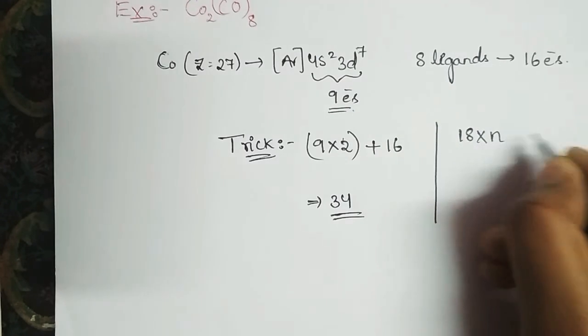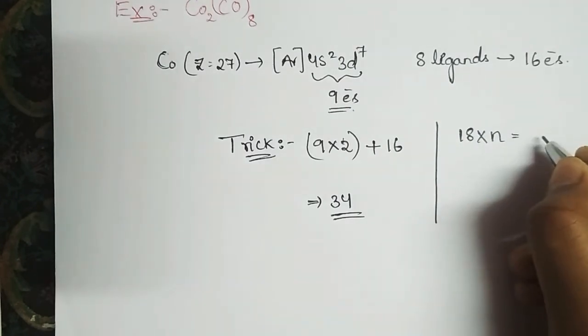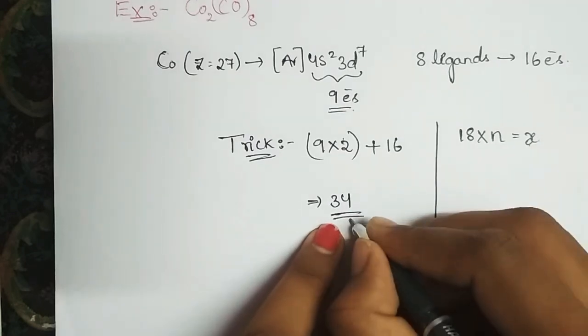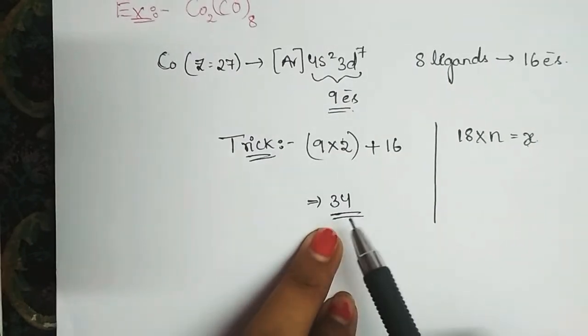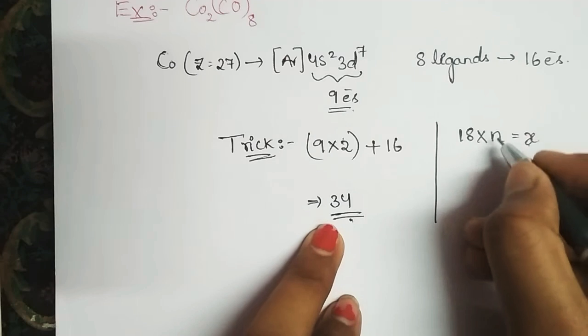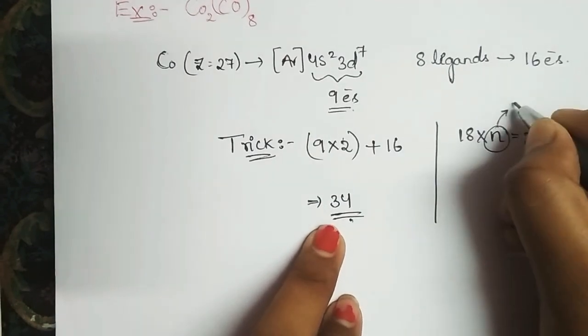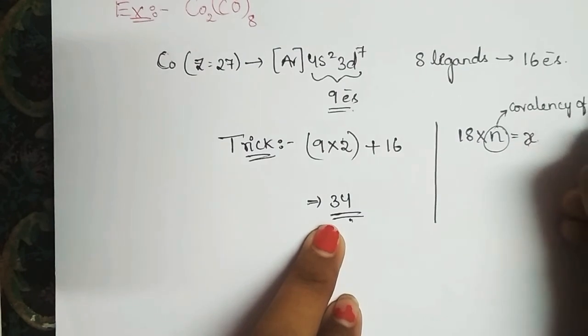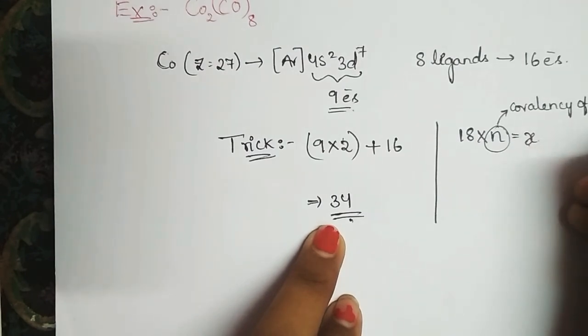18 into n, we have to get some value x, which is compulsorily nearly similar to this value. Here n belongs to the covalency of the metal carbonyl.